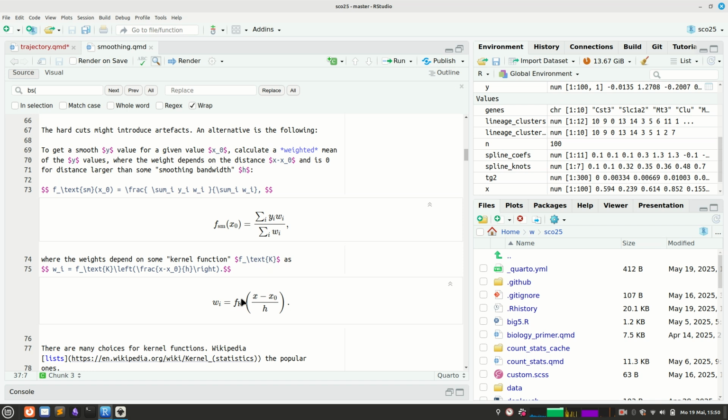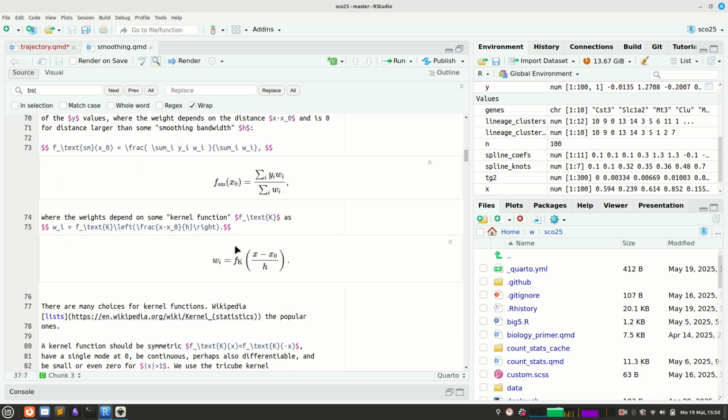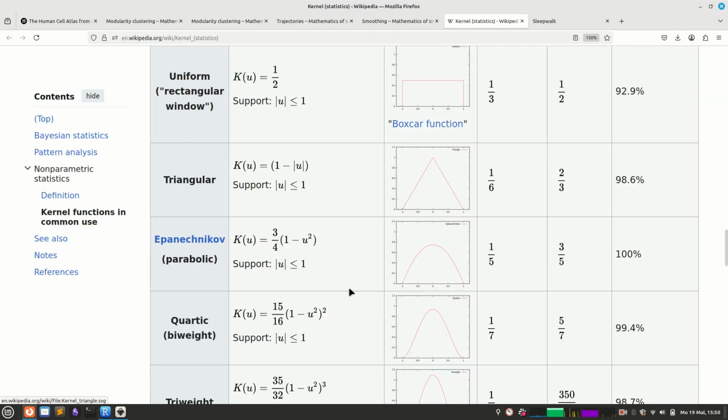So a window of size 2h around the point which we want to look at the moment. And this is what I wanted to show here. I have my data point and I put this around that one.